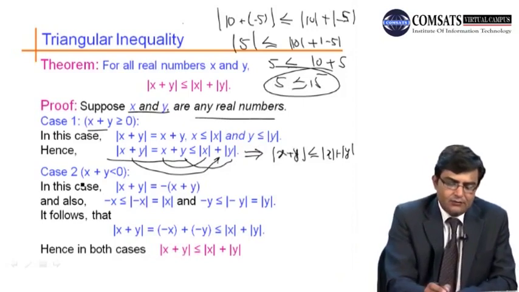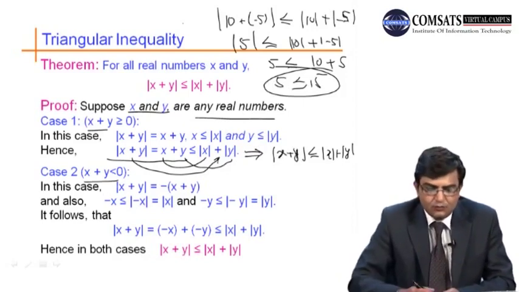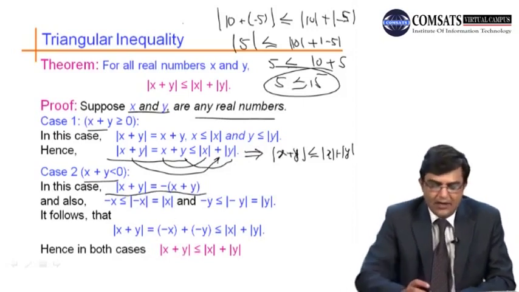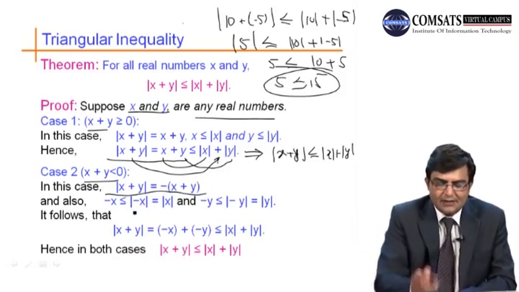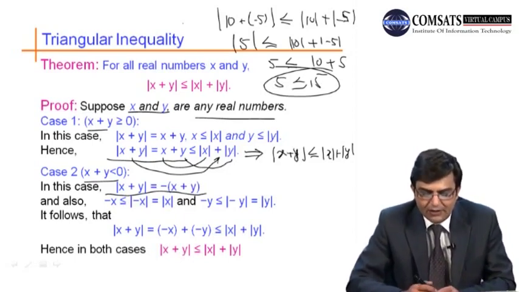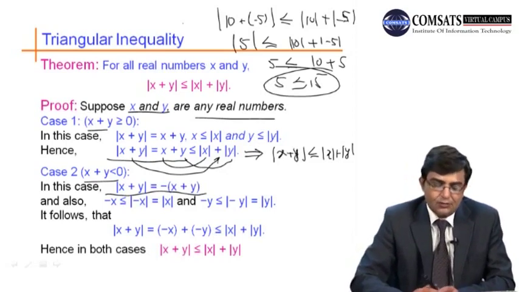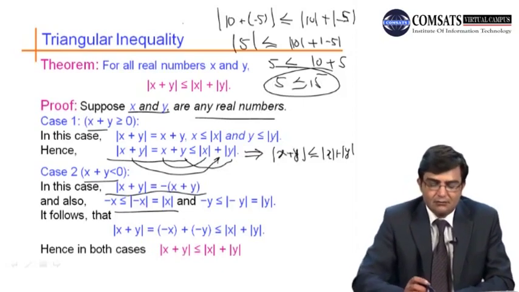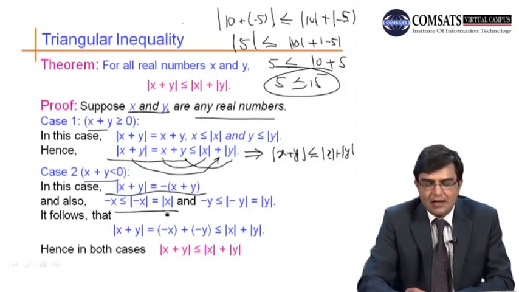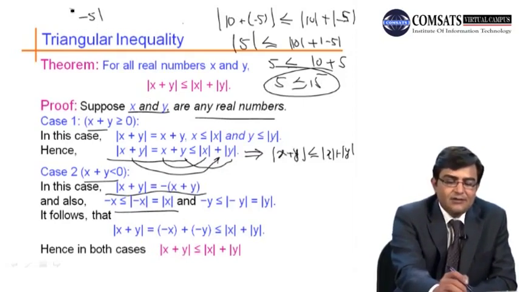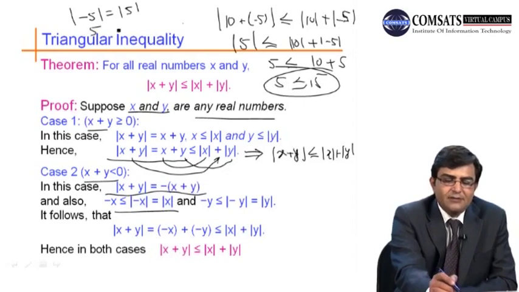In the second case, when x plus y is less than 0, the absolute value of x plus y can be written as minus x minus y, and minus x is less than or equal to the absolute value of minus x, because the absolute value of minus x becomes plus x. Minus the absolute value of x is equal to the absolute value of x, because if we take the absolute value of minus 5 or plus 5, it becomes 5.